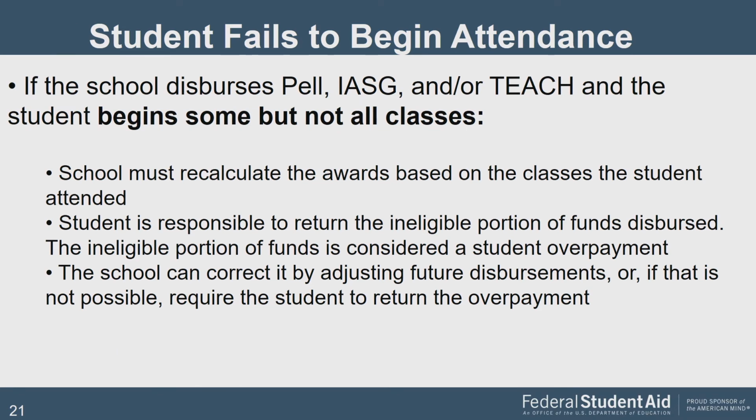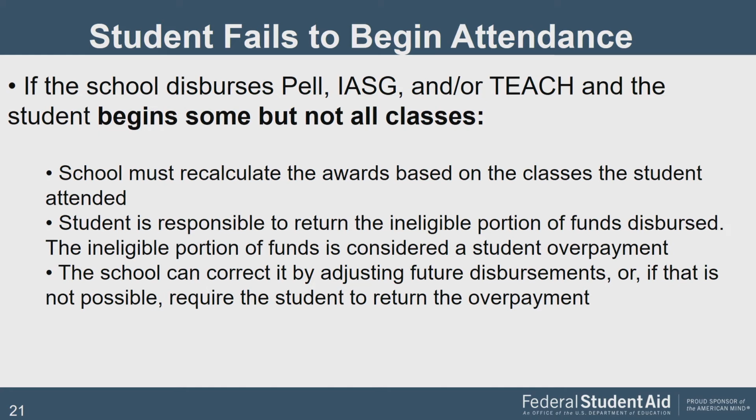Let's say a student fails to begin attendance in one or two classes. When we're talking about Pell, the Iraq-Afghanistan Service Grant, and the TEACH Grant program, you are required to recalculate based on the classes that the student is in attendance for. So again, you're paying early, the first day of class comes, the student doesn't start all of the classes, and you have to recalculate.